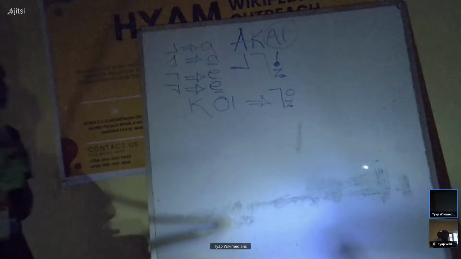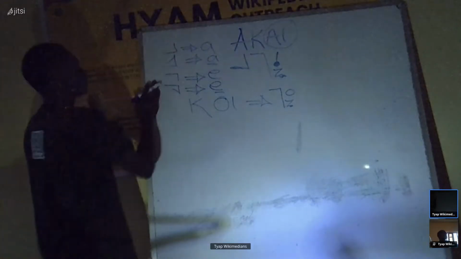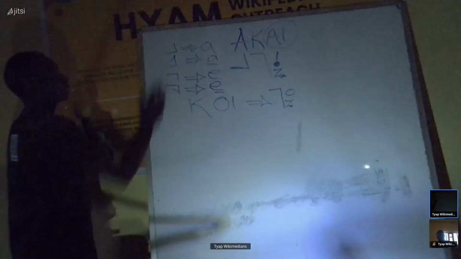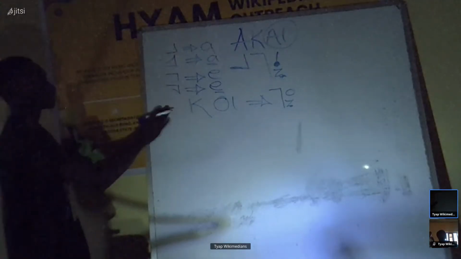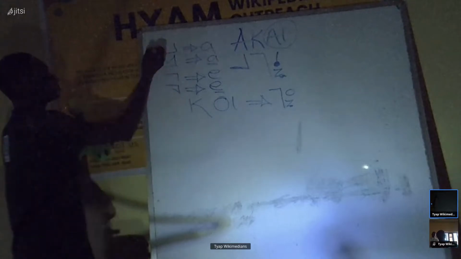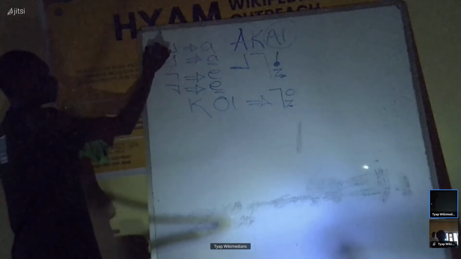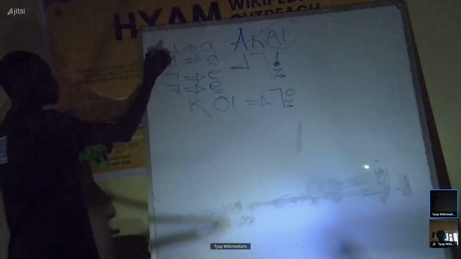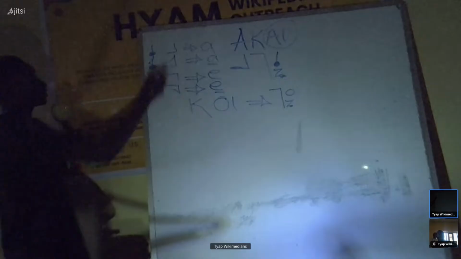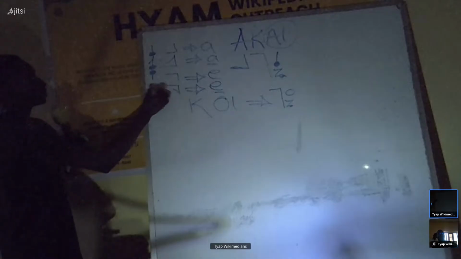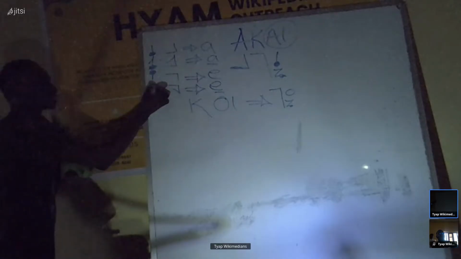Yes, camera. So if it is at the beginning, you write it this way. And then if it is not at the very beginning, you write this one this way, and this one this way, and then this one this way.